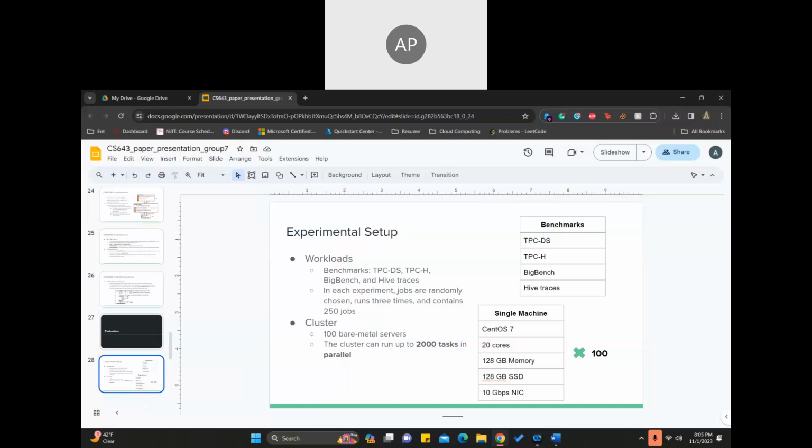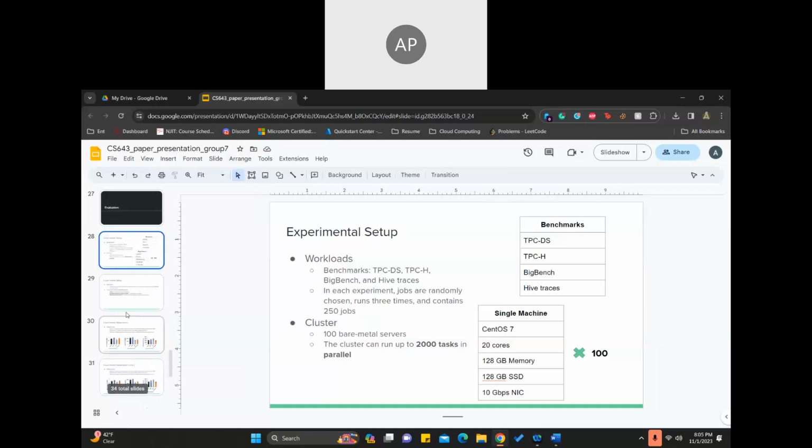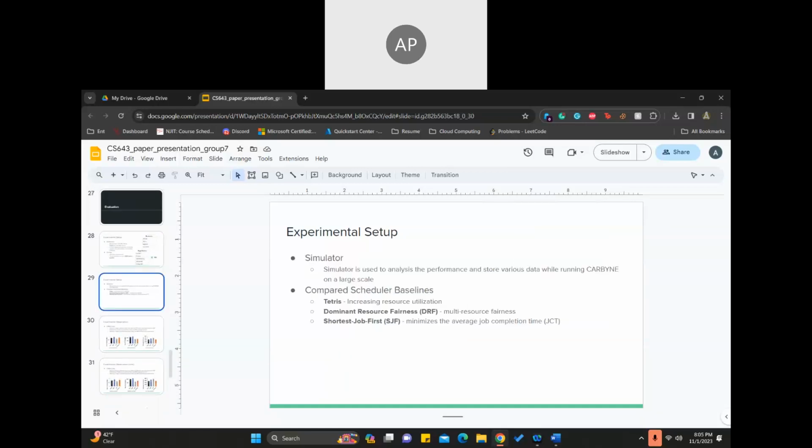The whole cluster can run up to 2000 tasks in parallel. Also, they use a simulator to analyze the performance while running Carbyne. To evaluate the scheduler, they compare the performance, efficiency, and fairness with Tetris, DRF, dominant resource fairness, and SJF, which is shortest job first.